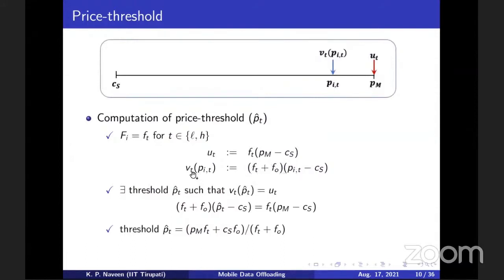So I'll call this VT. It is a function of the action, right? And now you observe that if PIT is very close to PM, this quantity is going to be greater than this quantity here, right?